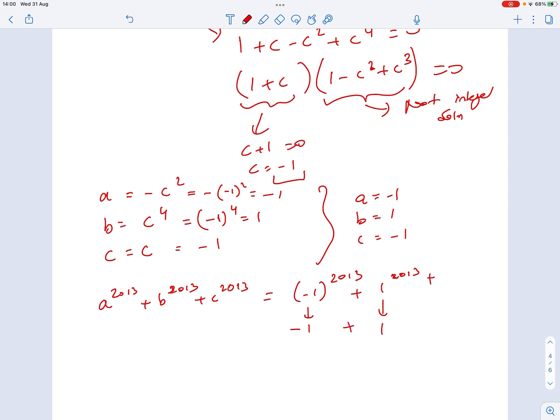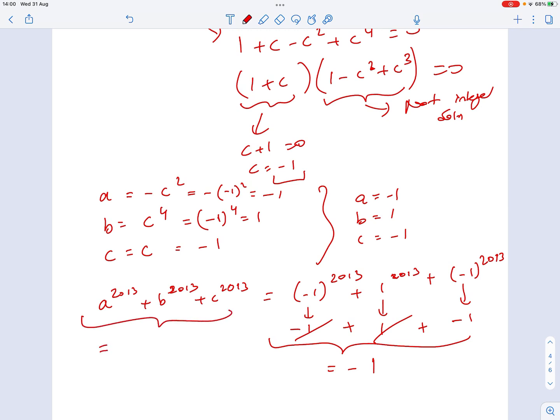Okay, and then plus c, which is minus 1 to the power of 2013, which is also minus 1. If you put all of them together, you'll end up with minus 1. Okay, so the answer that we required is going to be 1.